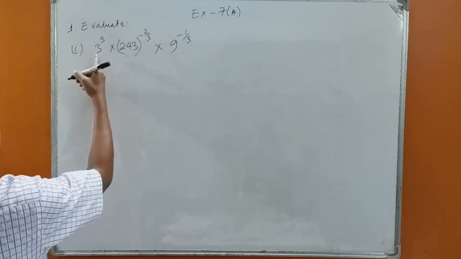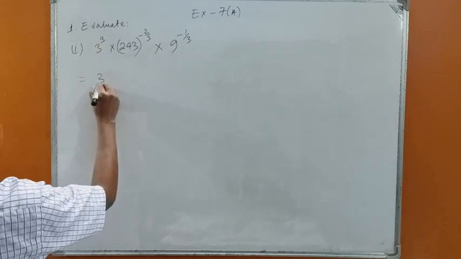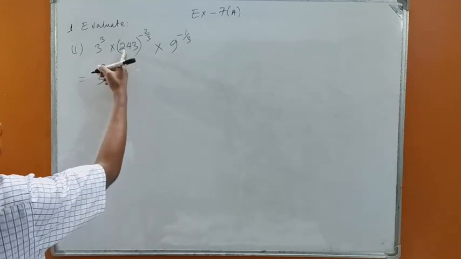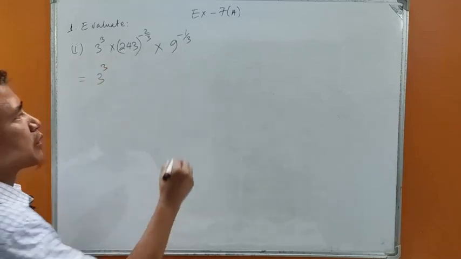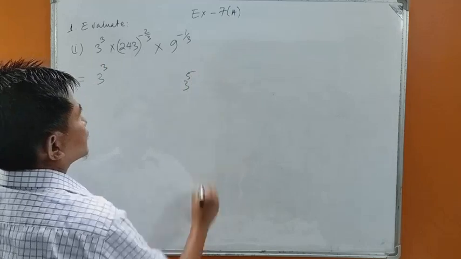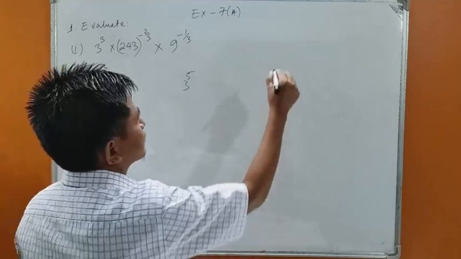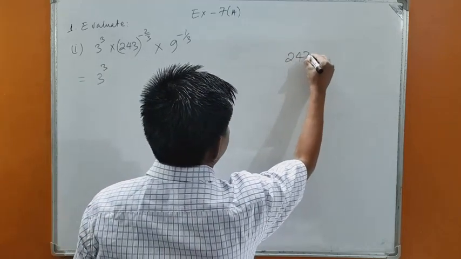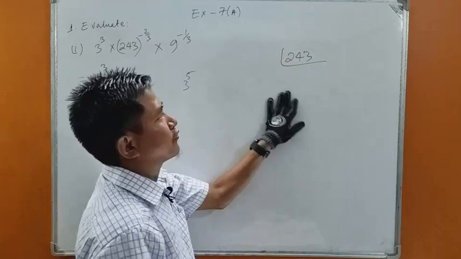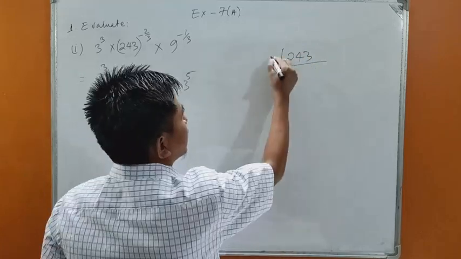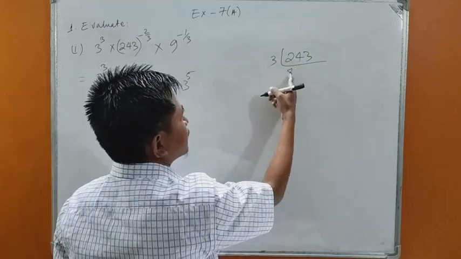Let's simplify this. 3 cubed we write as it is, 3 cubed. 243 can be written as 3 to the power 5, okay? 3 to the power 5 is 243. How do we get this? Let me tell you. We find the factors of 243, okay? 3 8s are 24. We know this, isn't it?